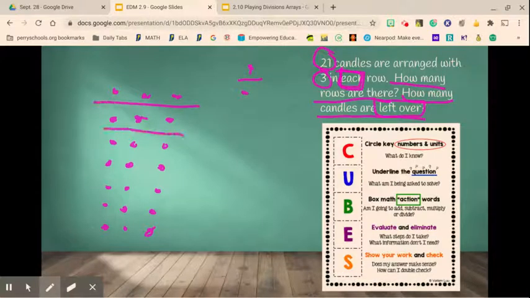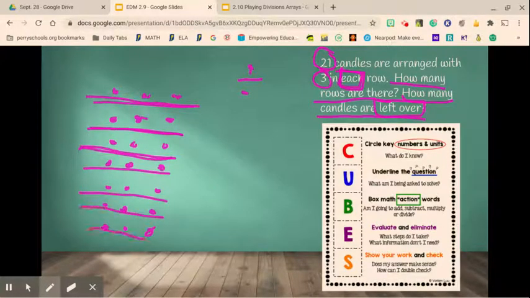So I'm going to draw a line between each of these. So I've got 1, 2, 3, 4, 5, 6, 7. I have 7 rows of 3. My number sentence becomes 21 divided by 3 equals 7, and then my unit is rows. 7 rows.